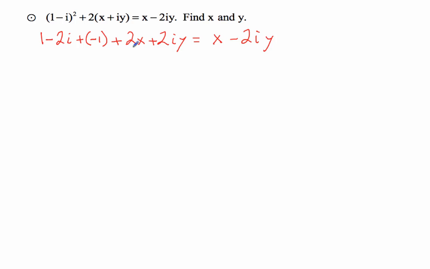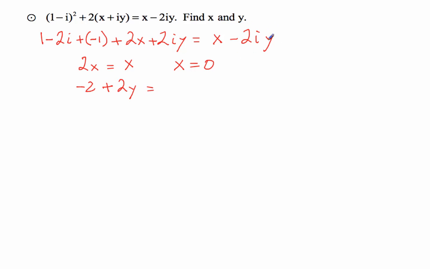The real part on the left-hand side is 1 minus 1, which is 0, and then there's 2x. The real part on the right-hand side is just x. So this equation has solution x equal to 0. Now, look at the imaginary part. That's minus 2 on the left-hand side, and then there's 2y.